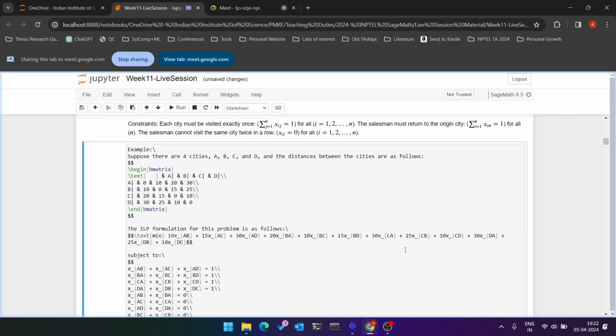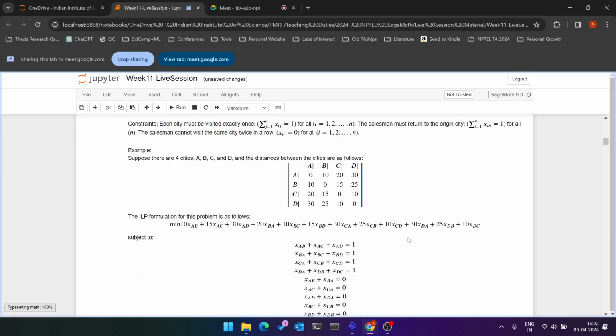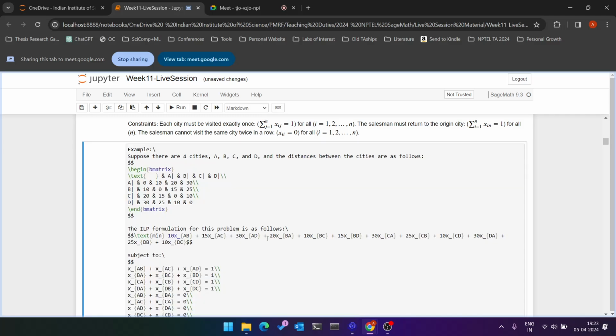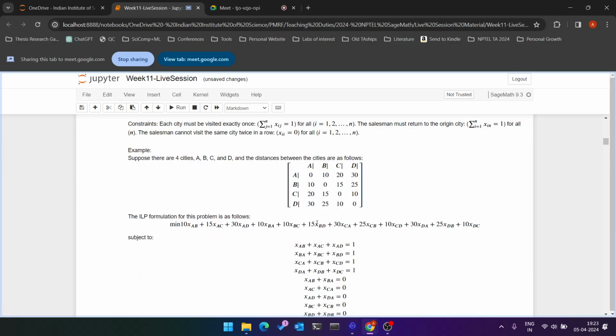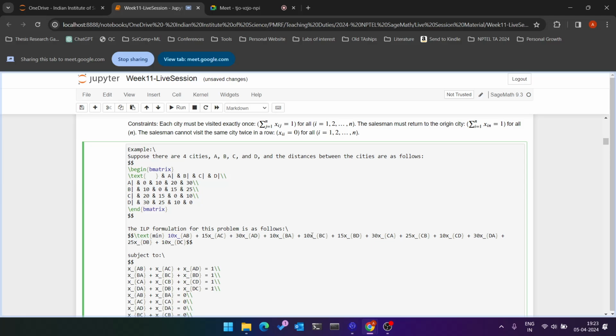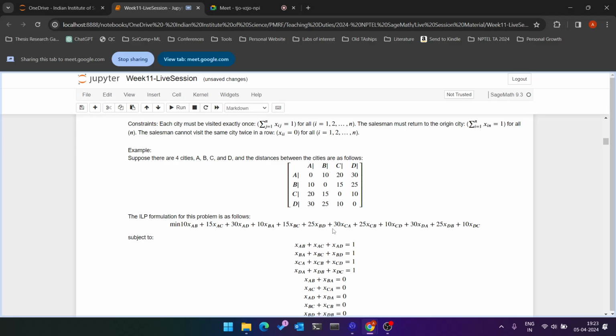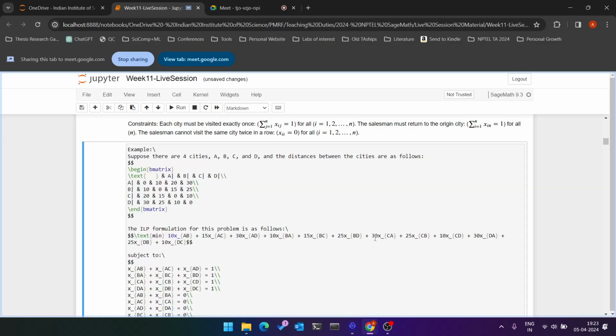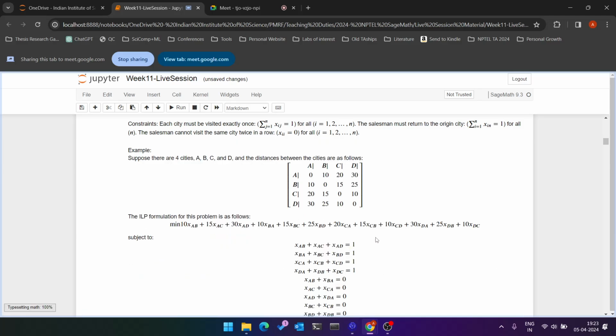I'll change those, but I think in the optimization function, some of the entries 10, 20, 30, then 20, 10, and 15 should be 10, 10, 15, 25, 25, and then 20, 15, 10, 20, 15, 10, and 30, 25, 10.